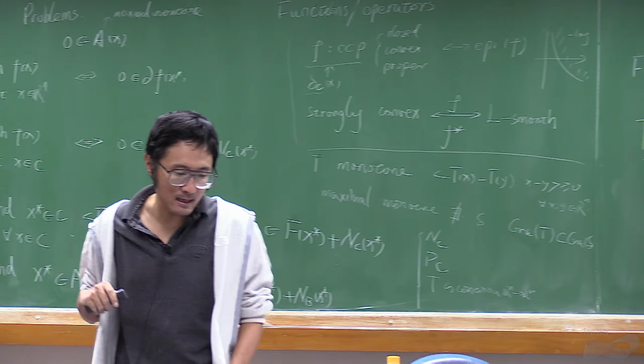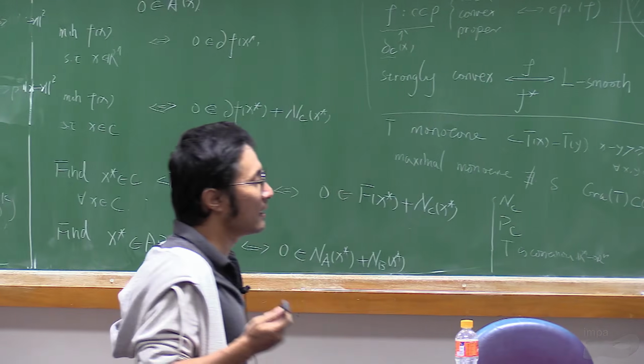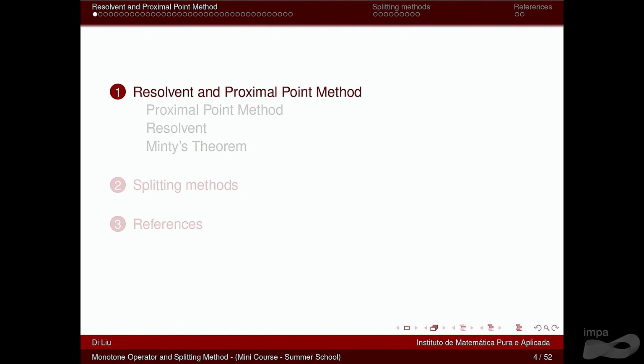Here we will define it officially, okay? And the resolvent is a definition which is related to the proximal point method. If you want to analyze the convergence of the proximal point method, you need to study the properties of the resolvent, okay? After this, we will introduce the splitting method, okay? First, the splitting inclusion problem, then the splitting method. So we will talk about the resolvent and the proximal point method.